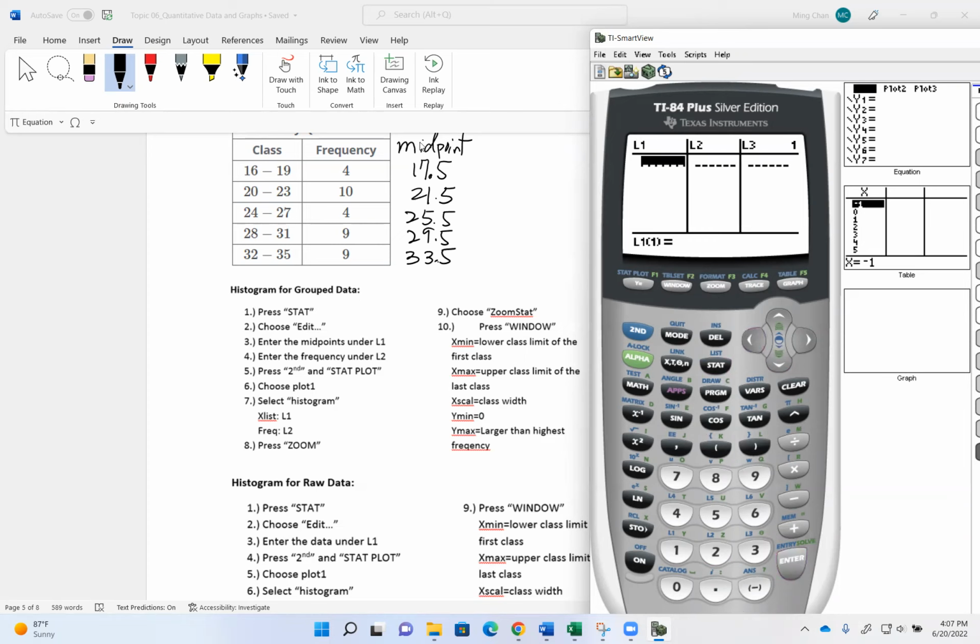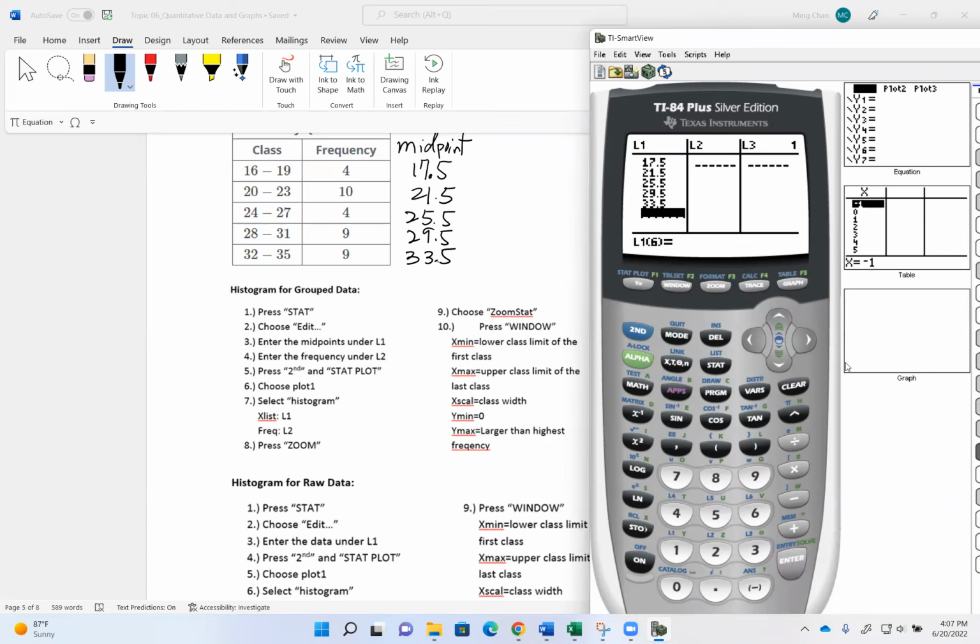Under L1, I'm going to type in the midpoints. Press a number, press enter. 21.5, press enter. Just press enter after every number.